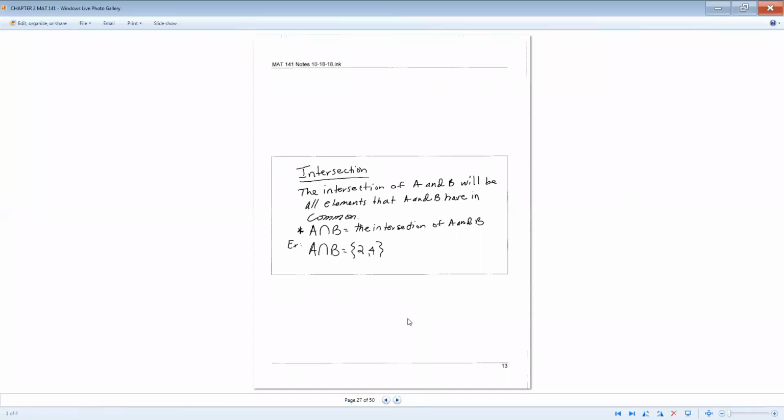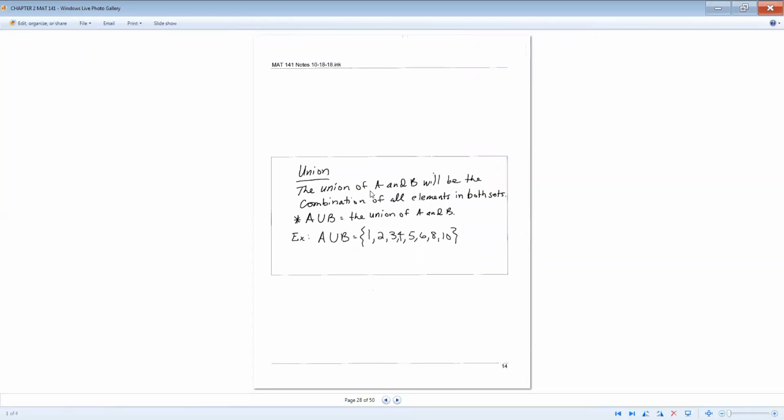All right, so your intersection would be all the elements that are in A and B, the ones that they have in common, and we'll use this upside down U to represent the intersection of A and B, and we already talked about how that was 2 and 4. The union of A and B would be the combination of all elements in both sets.